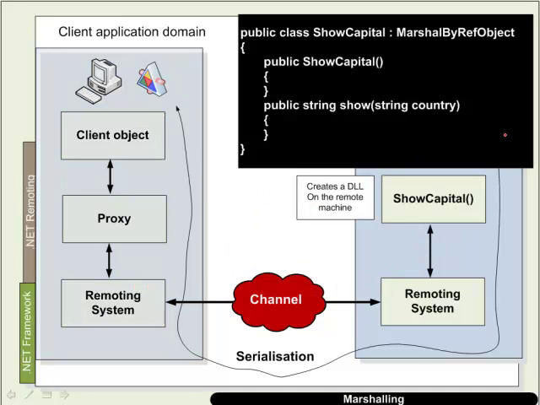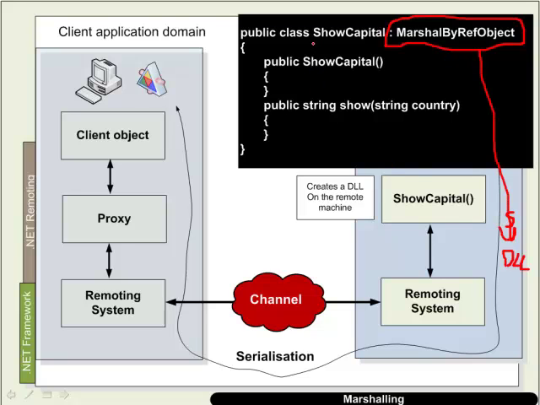So the first thing we do on the server is to create our little DLL, and our DLL will contain the object. In this case, when we create the marshal by ref object, it creates a reference object and will automatically create a DLL for us.